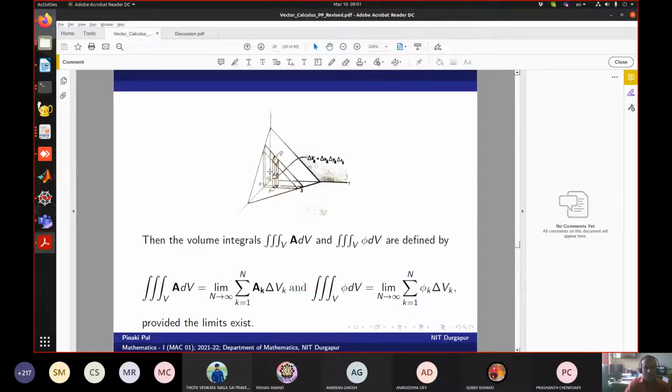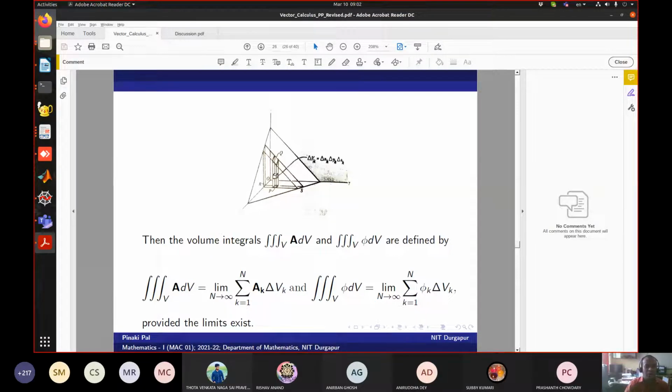The shape of this region is considered to be cuboidal, and its volume is taken as delta V. Within that, the kth smaller region has volume given by delta xk, delta yk, and delta zk. From that region we'll take a point, let us suppose pk, with coordinates xk, yk, zk.